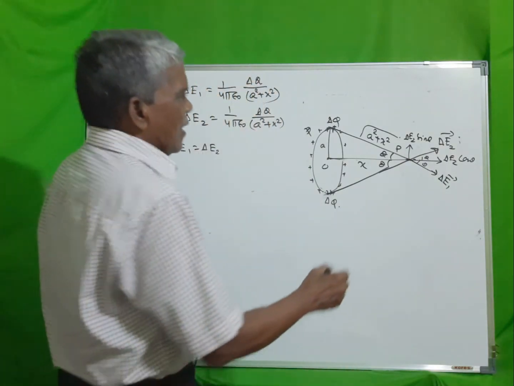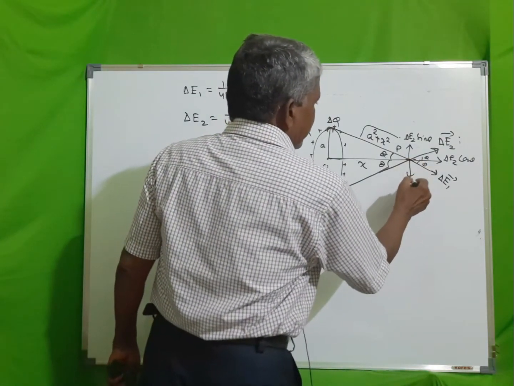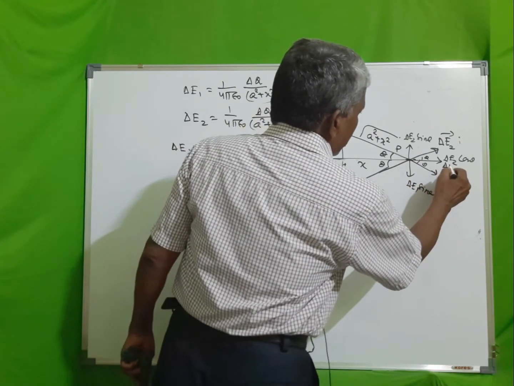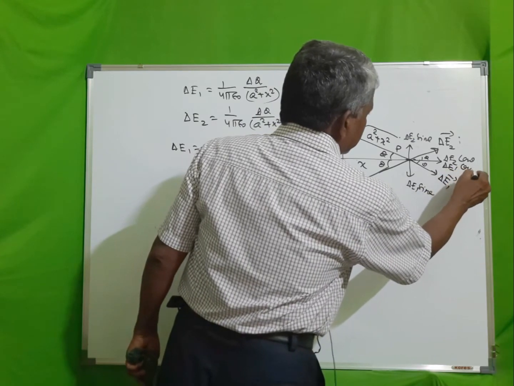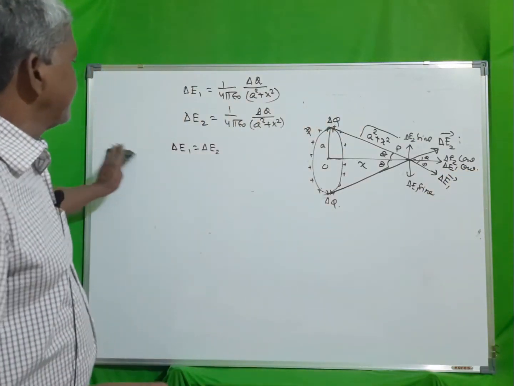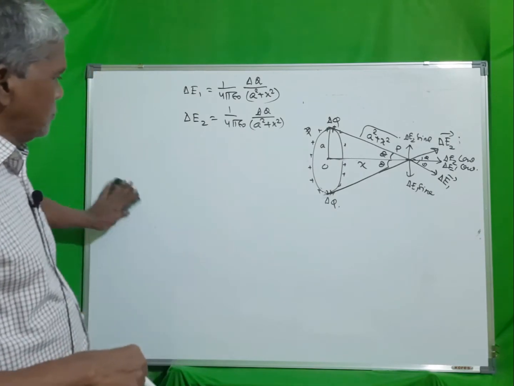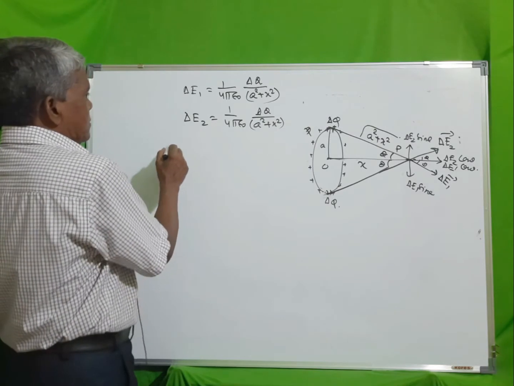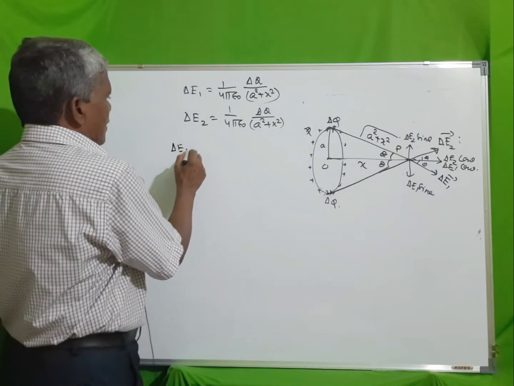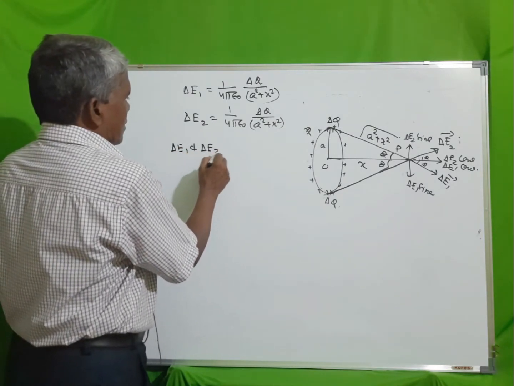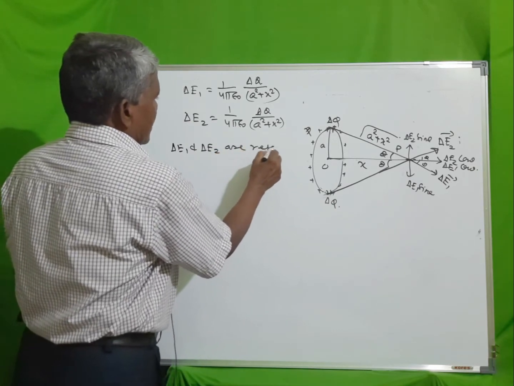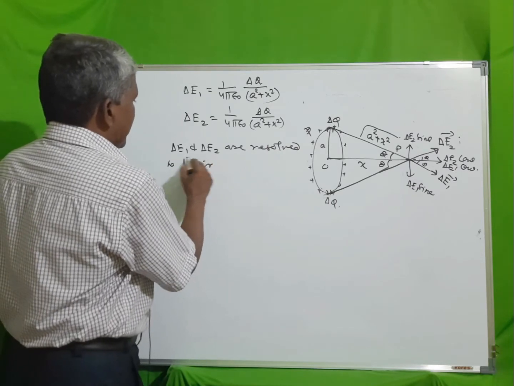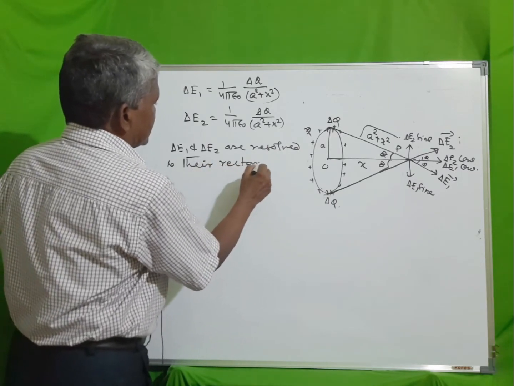And for delta E1 also, this is delta E1 sin theta and delta E1 cos theta.